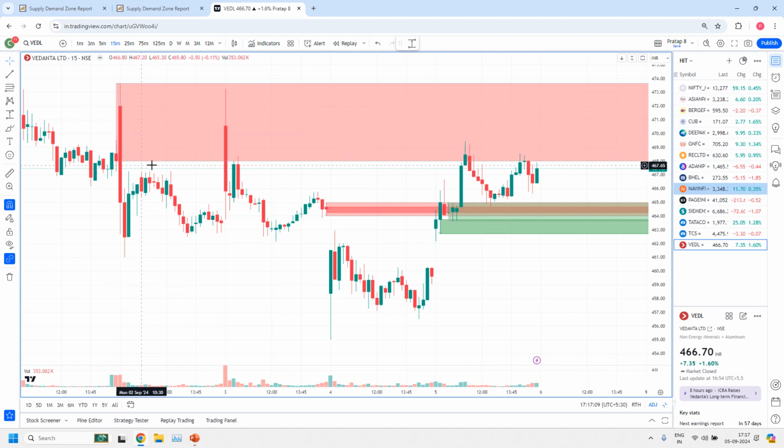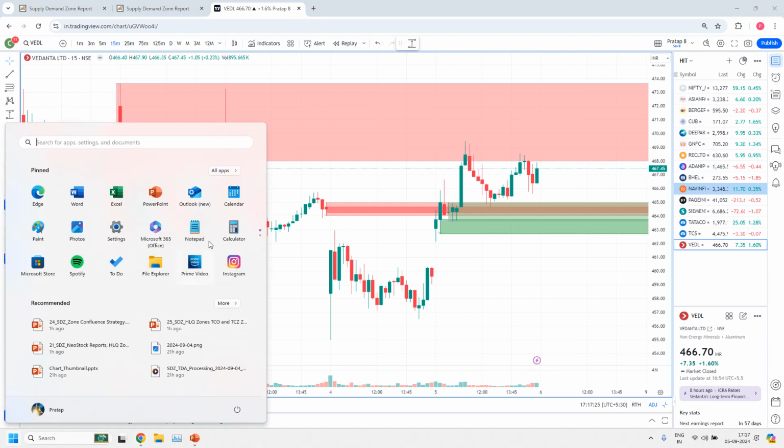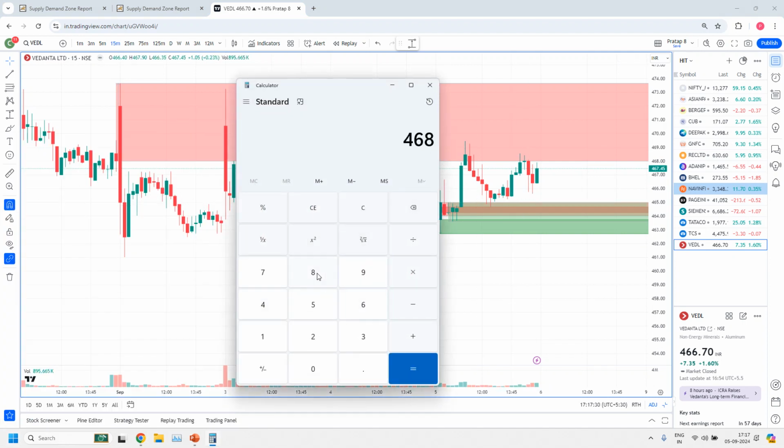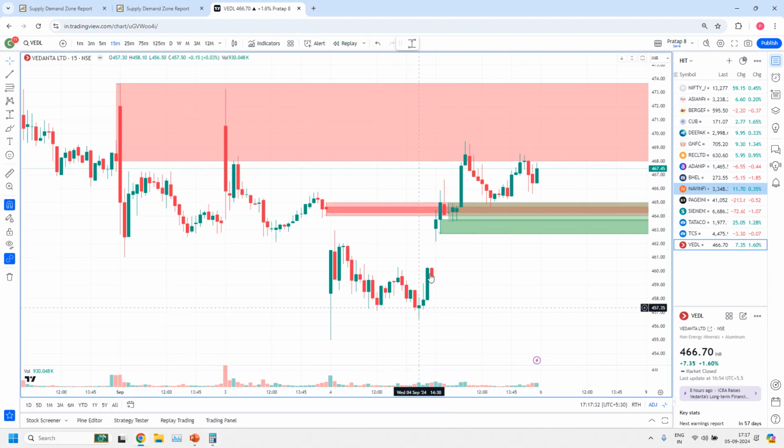What is this? The target is the low of this candle. Generally, you exit a few points before, but anyway, it reached this target exactly. I am calculating, so the closing of this candle. What is the closing of this candle? 468 rupees. Taking the calculator. So 468 minus, what is the entry?